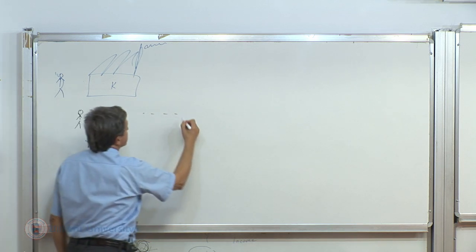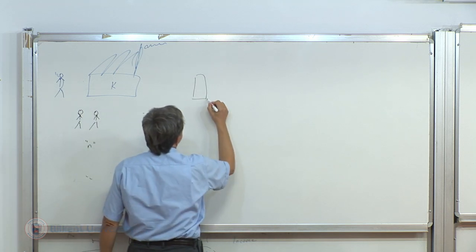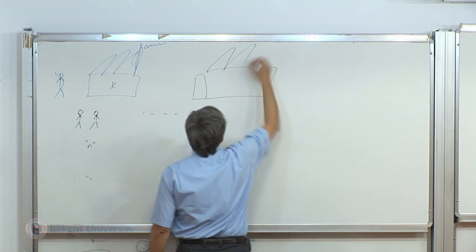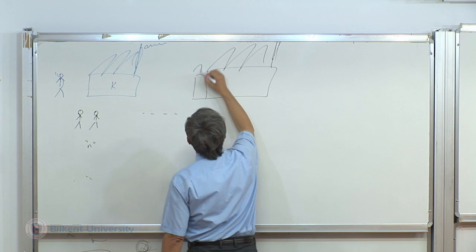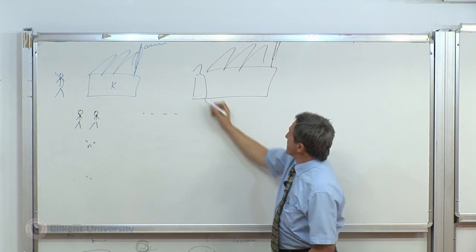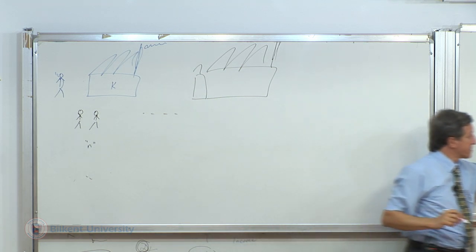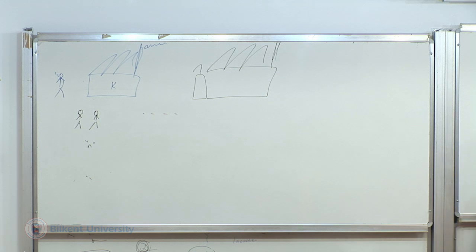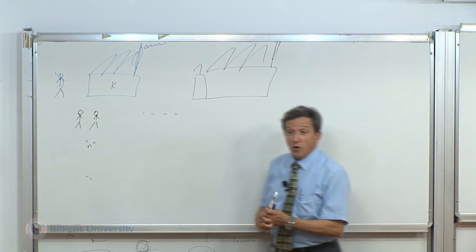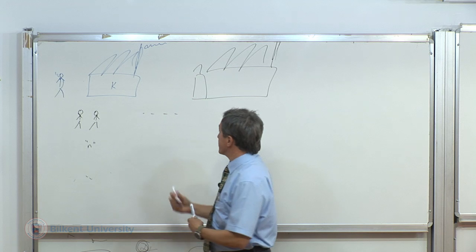Now years pass, the size of the capital expands. Okay, there is one more here. This is net additions, K dot, investment minus delta. And also the workers, the number of workers increase.